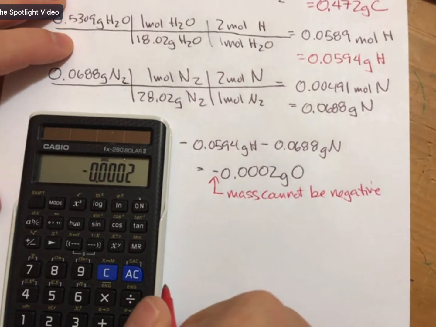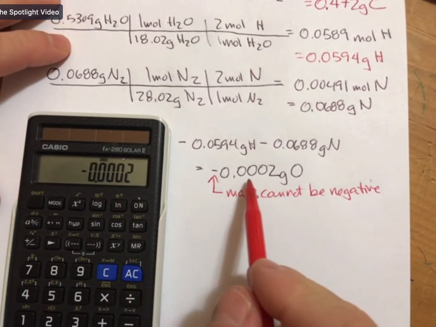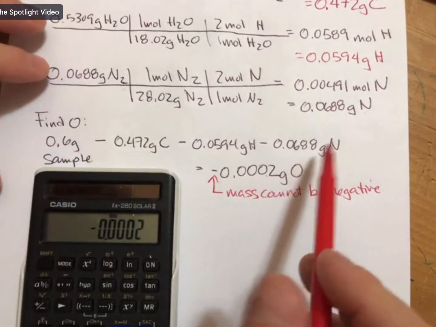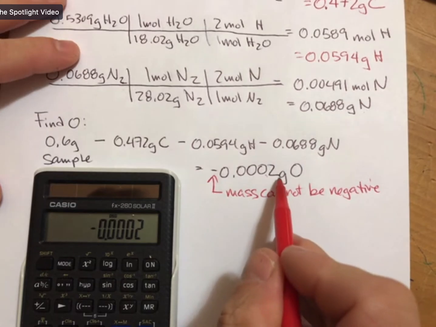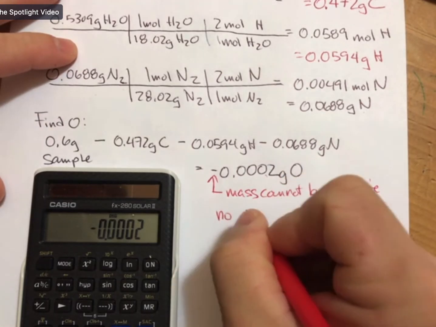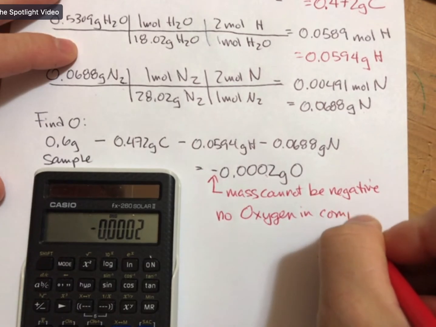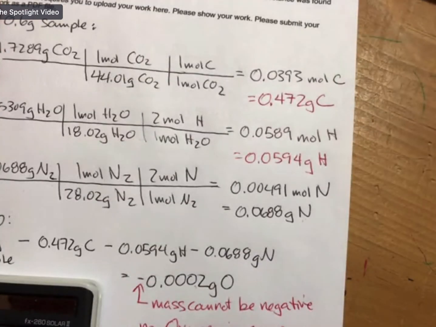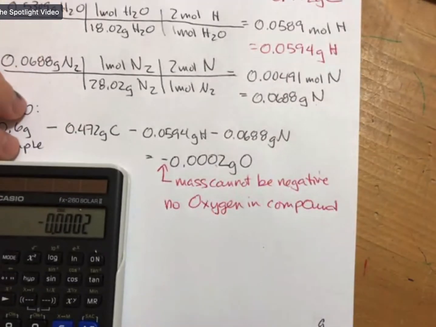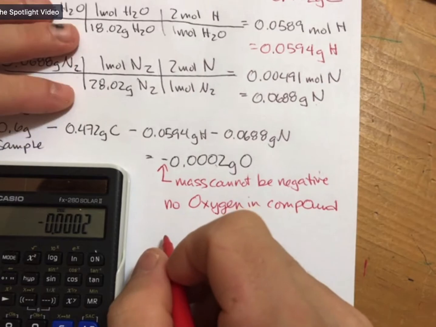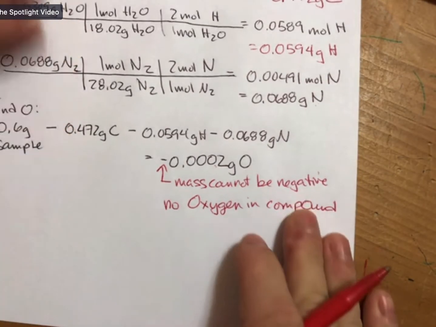We did not just discover antimatter or antimass. And this number is so much smaller than all the other numbers that it's telling us that there's no oxygen in the compound. There is no oxygen in the compound, and our formula is just going to be C something, H something, N something.